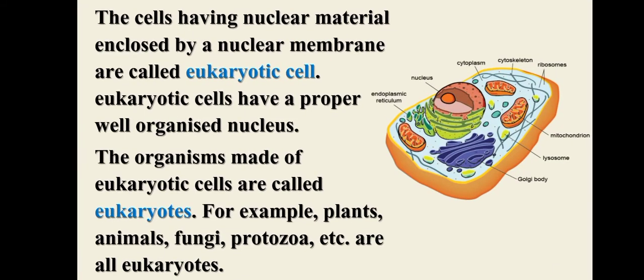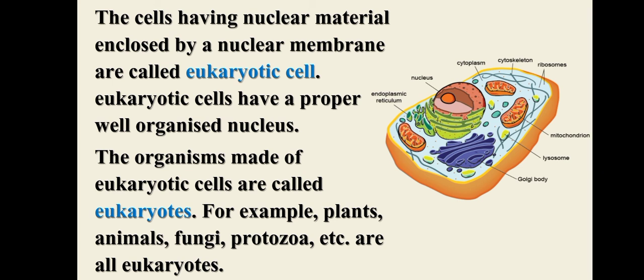The cells having nuclear material enclosed by a nuclear membrane are called eukaryotic cells. Eukaryotic cells have a proper, well-organized nucleus. The nuclear material in a eukaryotic cell is not in direct contact with cytoplasm. It is separated from cytoplasm by the nuclear membrane.